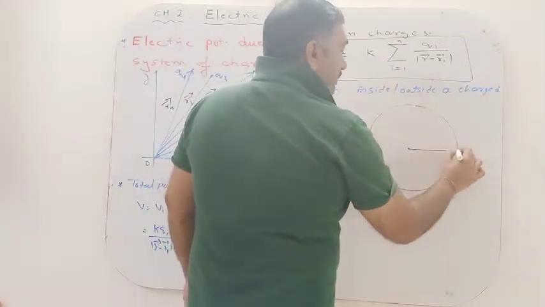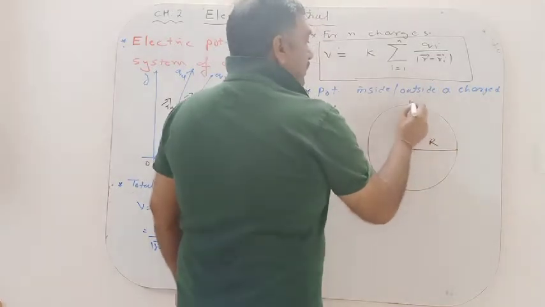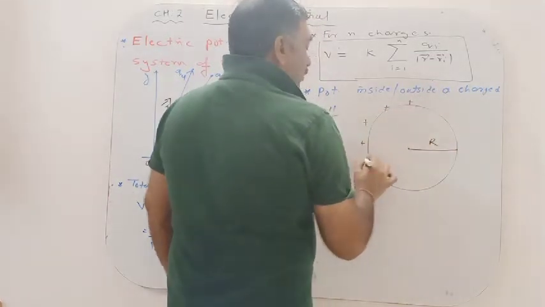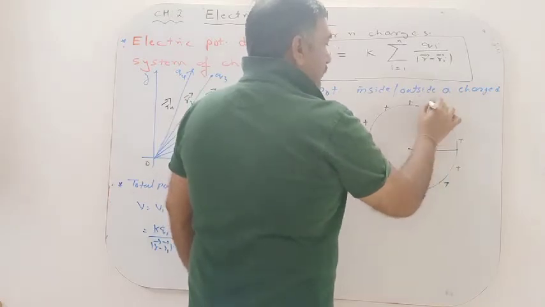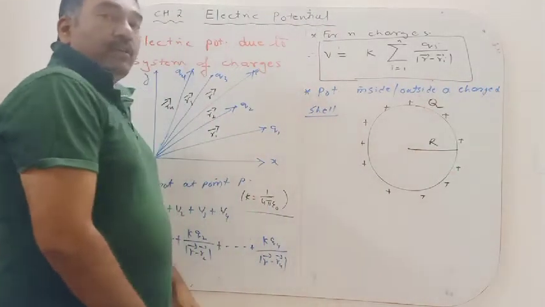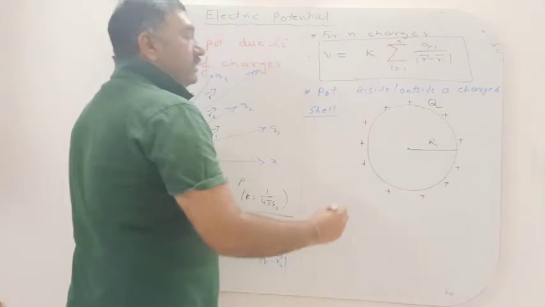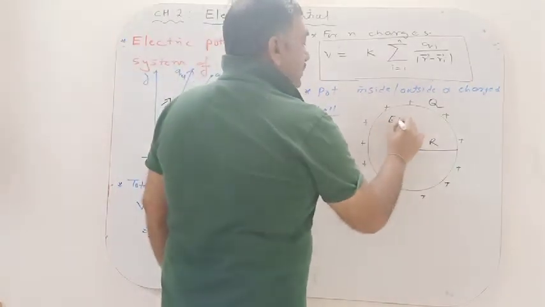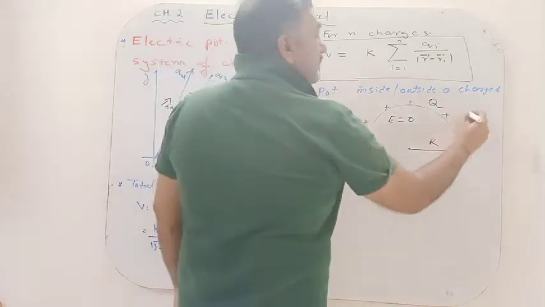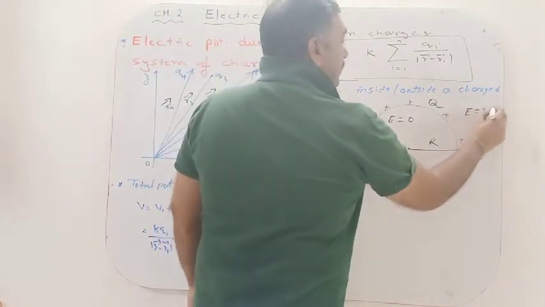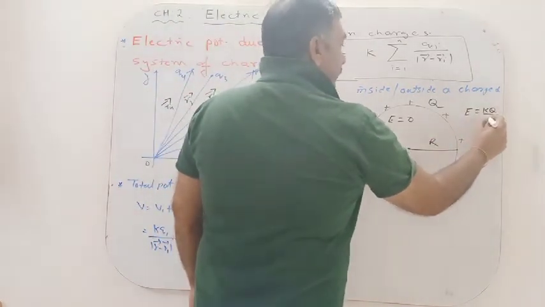So we take a shell of radius R, and suppose Q is the amount of charge present on the surface of the shell. And already from Gauss theorem we know that the electric field inside the shell is 0. There is no electric field, and outside the shell the electric field is given by kq by r square.